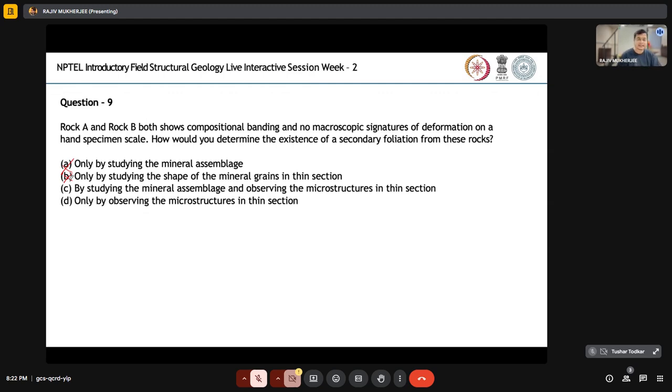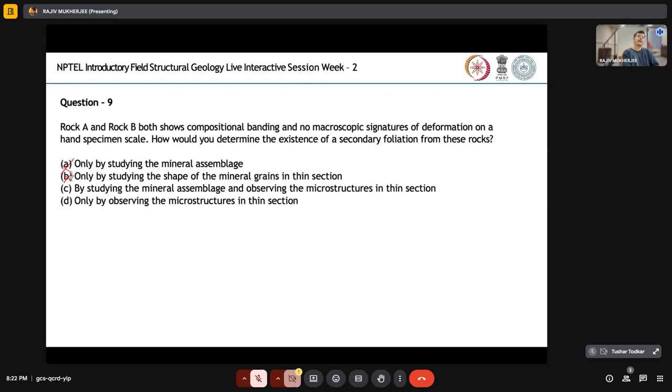It is a signature that the crystal lattice itself has been bent, and that is how we can say that there is a subgrain formation within the mineral grain, and this indicates that it has just been arrested while the dynamic recrystallization process was going on. So this has been the relic grain, and there are still some signatures of deformation arrested within it. That indicates the rock is deformed.